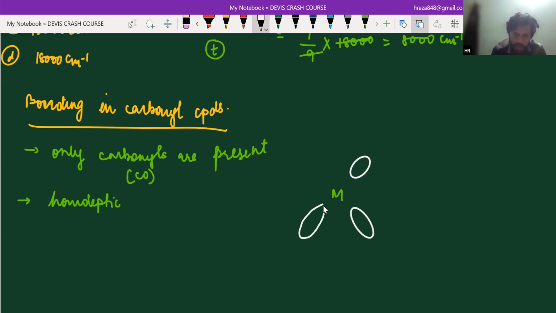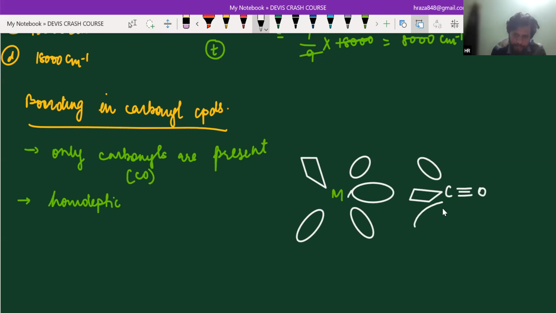D will have a double dumbbell, like this. Carbonyl will have a triple bond, with a free orbital in this way, and O will also have an orbital like this.